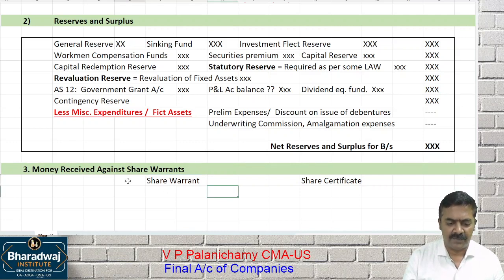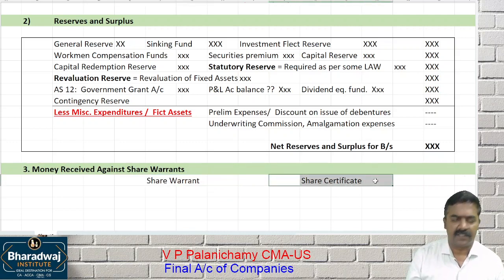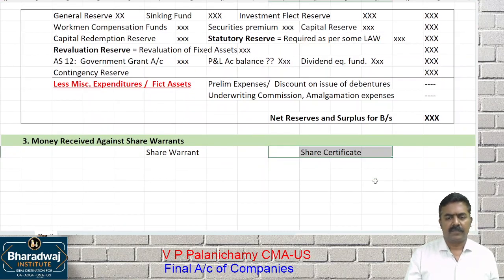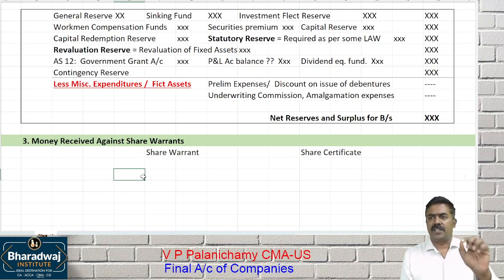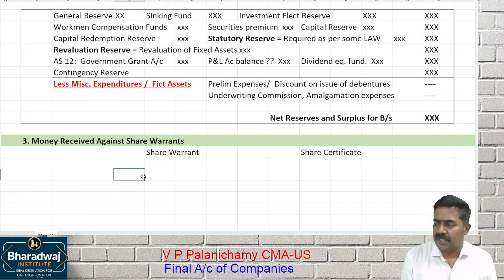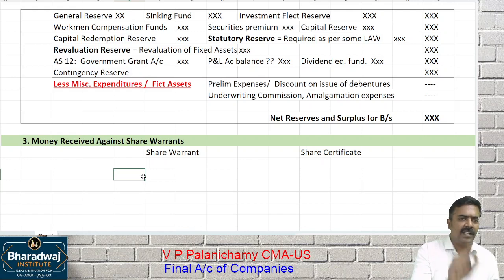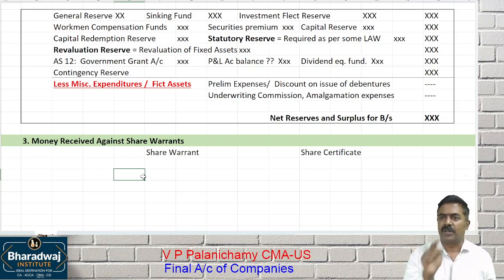Now you have to understand the difference between a share warrant and a share certificate. Pay attention. If you are a share certificate holder, your name will be there as a member of the company. In the company's list of members, your name will be there.